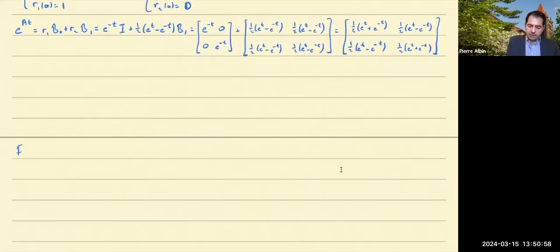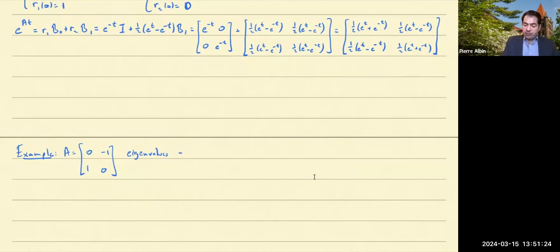Okay, next. Let's look at the matrix 0, minus 1, 1, 0. The eigenvalues of this matrix, right? The characteristic polynomial is quick to compute. You get lambda squared plus 1.